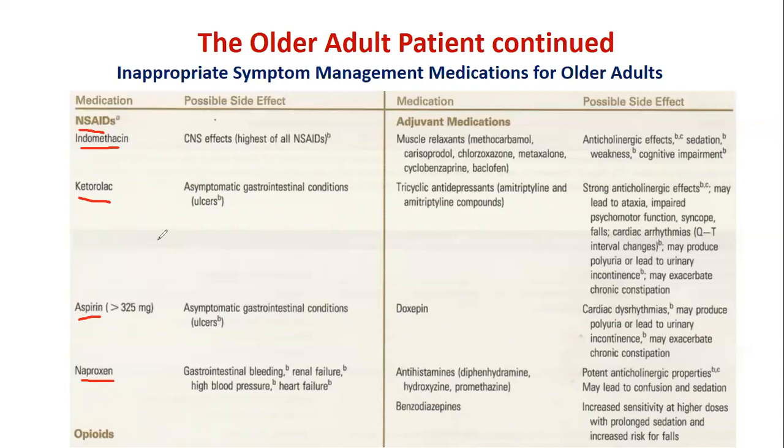Another medication we use, codeine and oxycodone, are also used for pain, and we call them analgesics or narcotics. But here we're going to talk about indomethacin, ketorolac, aspirin, and naproxen.